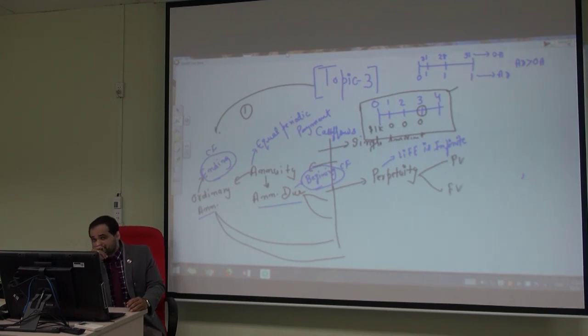I will talk about the present value first. How do we calculate the present value of a perpetuity? As I said, life is infinity, which means the time period is not given.